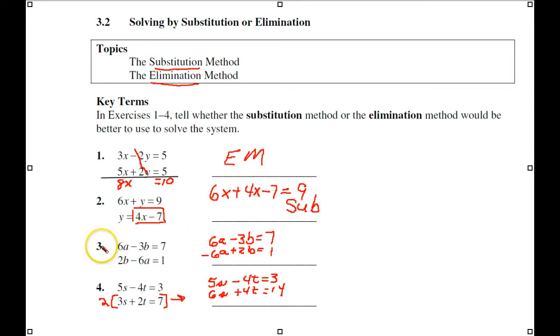Now in example 3, here this is 6a minus 3b. Notice this is 2b minus 6a. So if we just put this second equation here in standard form, notice what happens. Now, if we put a line under this and add them up, the 6a's cancel out, and we're left with a negative b equals 8.